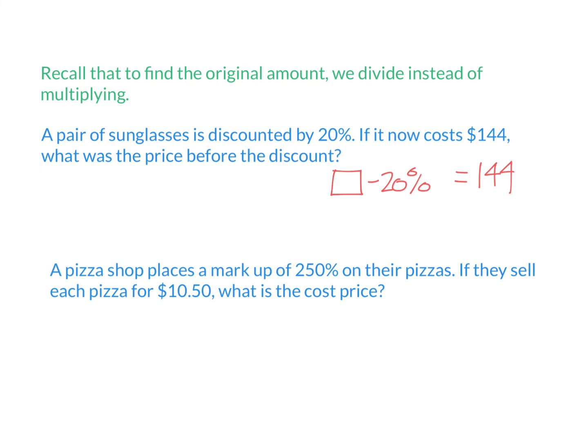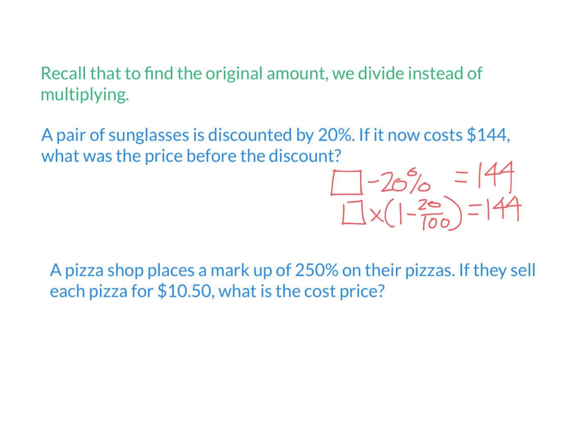Now remember, if you want to discount something by 20%, from the previous slide, we know that that is the same as multiplying by 1 minus 20 over 100. 1 minus 20 over 100 is 80 over 100. So if you discount something by 20%, you're only paying 80% of the total. So if you have a number that's had something done to it, you can find that number by undoing what's been done to it.